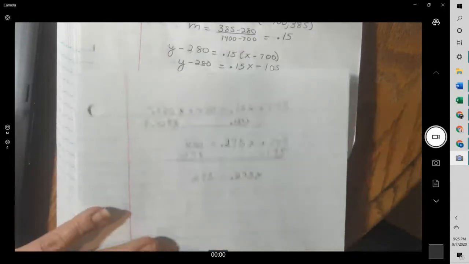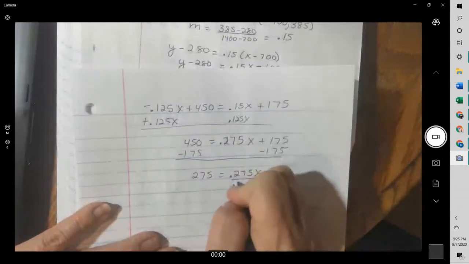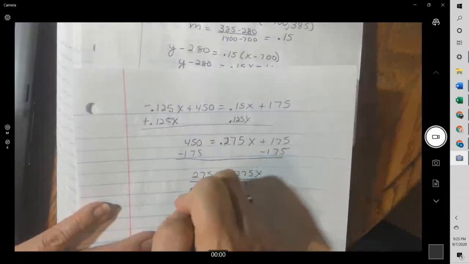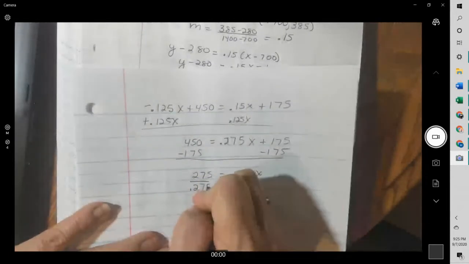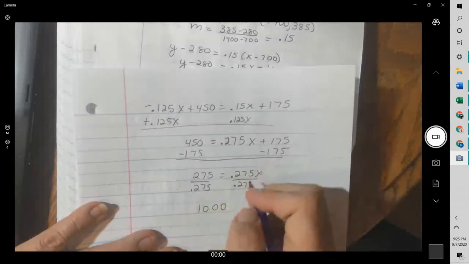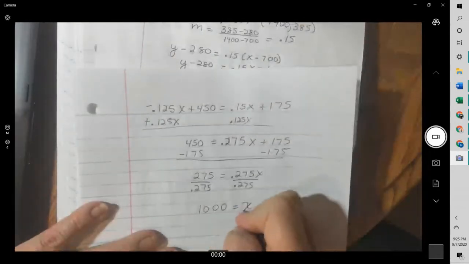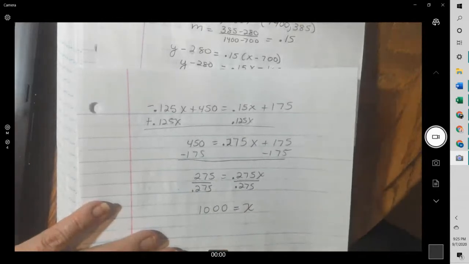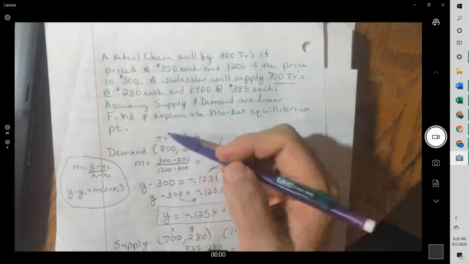Trying to get x by itself, divide by the decimal, which gives us, I think, 1,000. Yeah. So x is 1,000. Now remember, x was the number of TVs. So that would be 1,000 TVs.